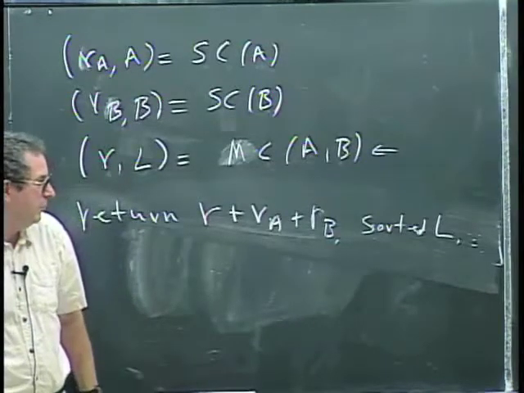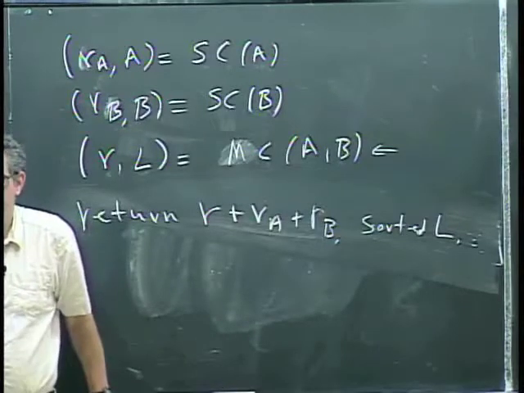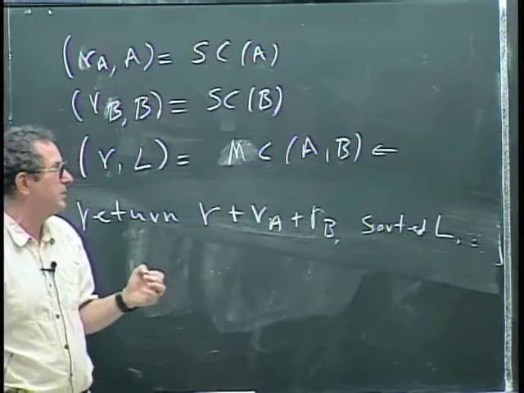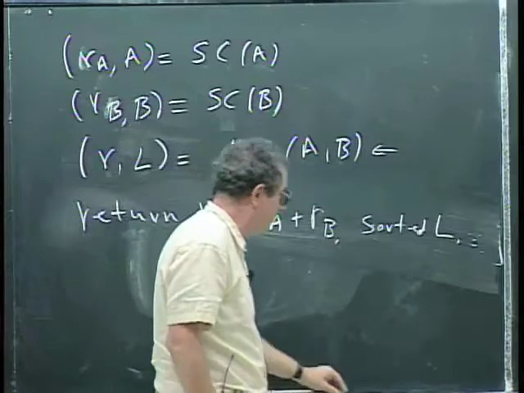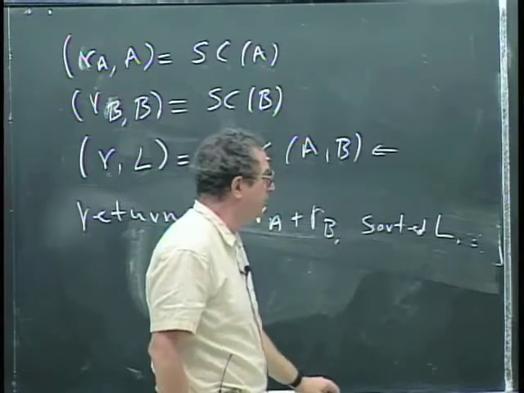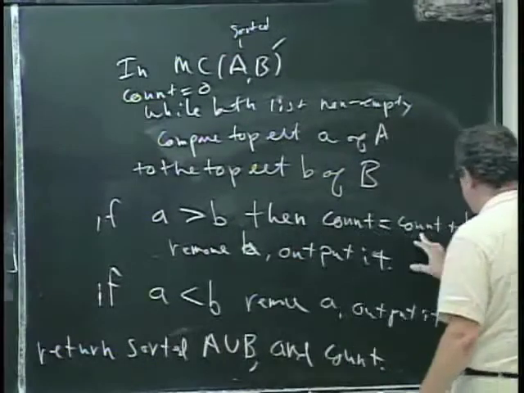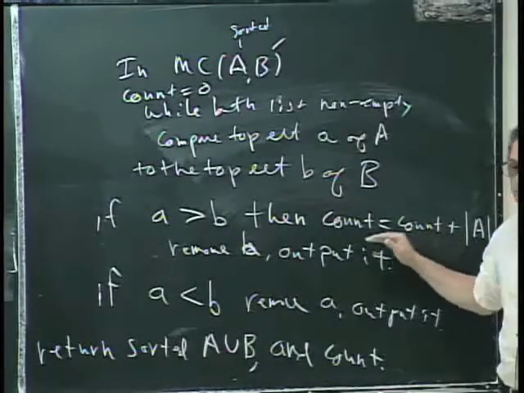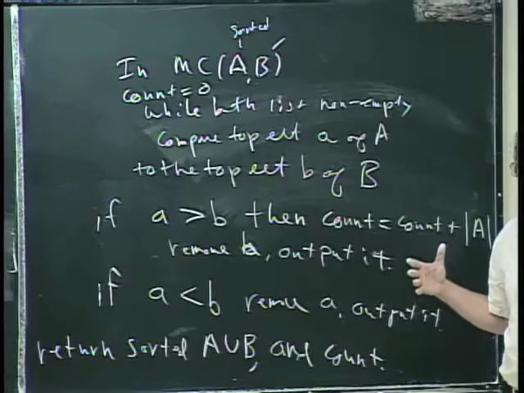Okay, now why is it correct? First of all, to analyze correctness, the way I think about it, there are three things involved. One is that every time you added something to count, it really represented some inversions that we were able to infer or deduce.